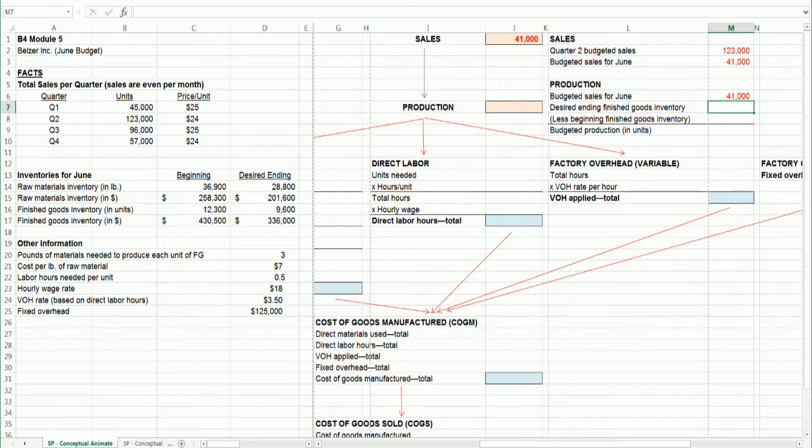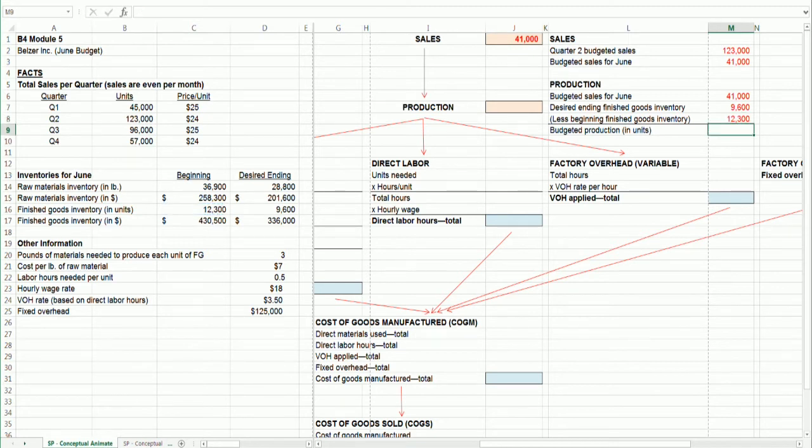Next, we say, well, I know I need 41,000 units to sell. I also want to have, and if we look over here, we can see we want to have 9,600 units in my ending inventory. So what that means is, total, I need 50,600 units available to sell. Now, the good news is I'm not entering this month with 0. It tells me I start the month with 12,300.